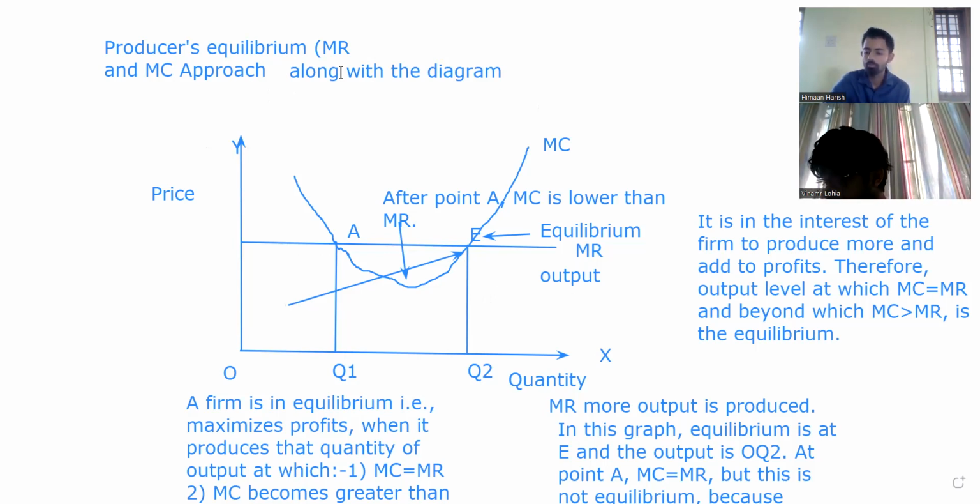What you read out is under the next concept on market forms: the equilibrium of a firm in perfect competition in the short run, with a shutdown point and break-even point, an explanation and diagram.